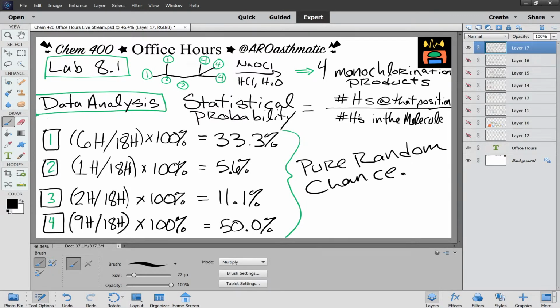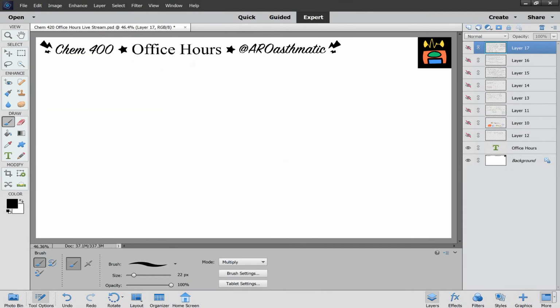Okay, so that's step one, and this is just the pure statistics of it, nothing to do with the reactivity of secondary versus primary versus tertiary. Now, in the lab, we're given the 4 monochlorination products, which I'm going to write up here.